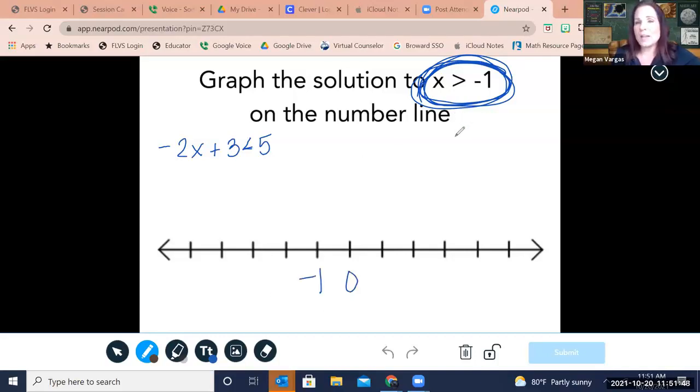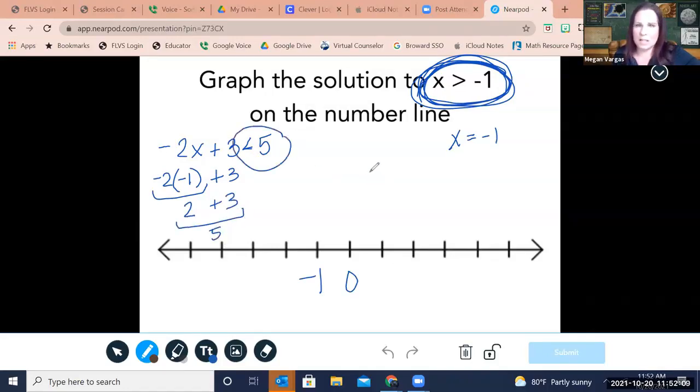Now, what happens if x is equal to -1? Let's test it out. If I do -2 times -1, that gives me a +2, right? That equals 5. 5 is not less than 5. 5 is equal to 5, right? It's not true.